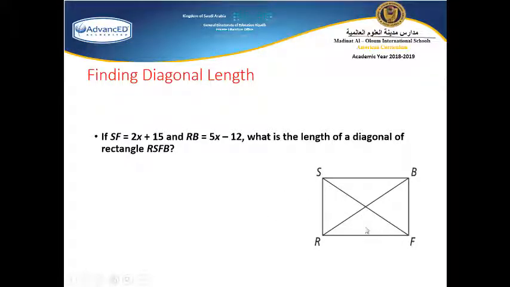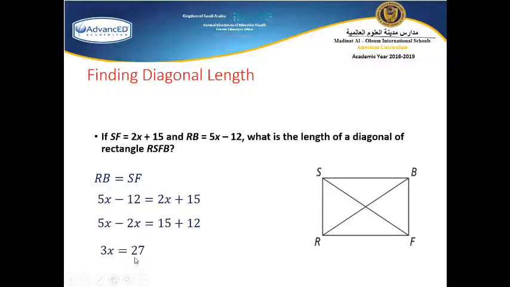Since this is a rectangle, then the two diagonals are congruent. Then the diagonal RB equals the diagonal SF. Then let's make a substitution using the given expressions 2x plus 15 and 5x minus 12. They are equal. Solving this equation, we get 5x minus 2x equals 15 plus 12.